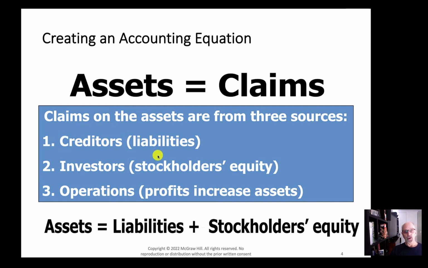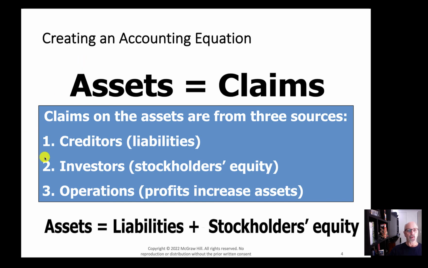The creditors are represented by the liabilities in the accounting equation. So the creditors have claims against the assets in the value of what they have put up that hasn't been paid for yet. It could be Staples with office supplies. It could be a computer specialist with services that were provided.